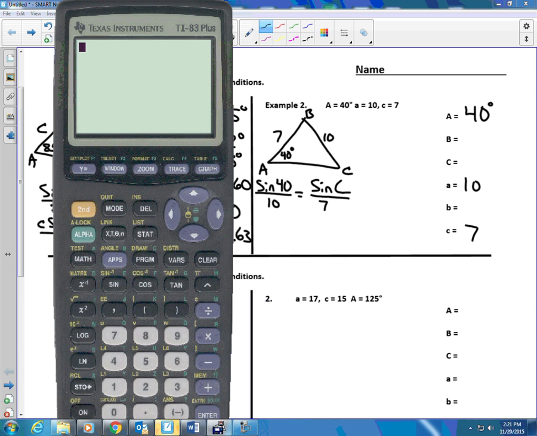Yes, and we're going to have to do sine inverse. Okay? Watch how easy this is. You could cross multiply, right? You get 7 sine of 40 is equal to 10 sine of C. You divide by 10.